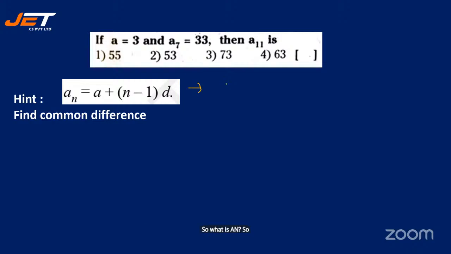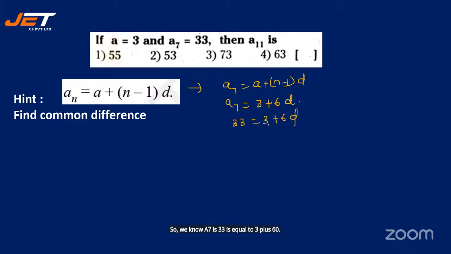So here we can use A7 is equal to A plus N minus 1 into D. So A7 is equal to A is 3, N minus 1 is 6 into D. So we know A7 is 33 is equal to 3 plus 6D. So when this 3 comes this side, it becomes 30 is equal to 6D. So D is equal to, 6 5s are 30, isn't it? So D is 5.